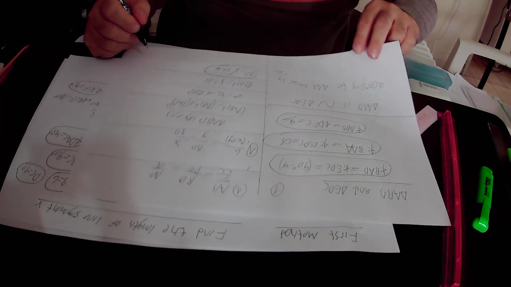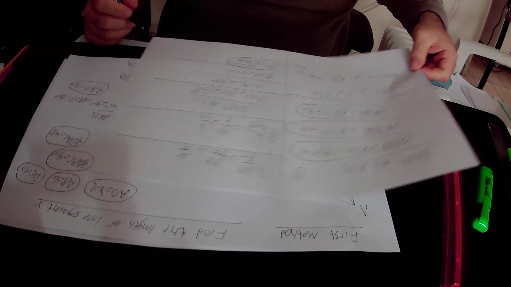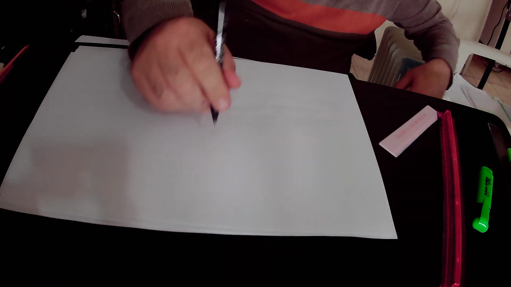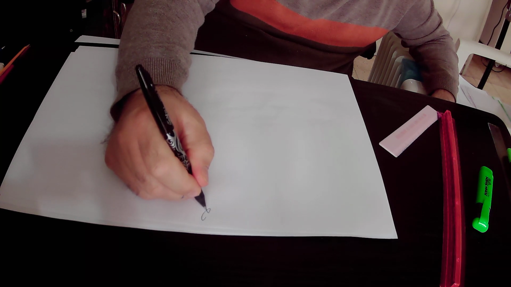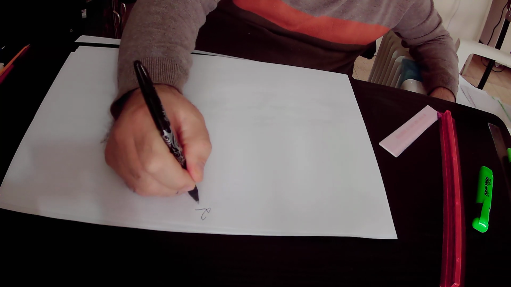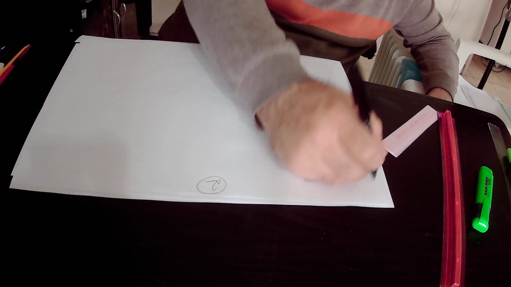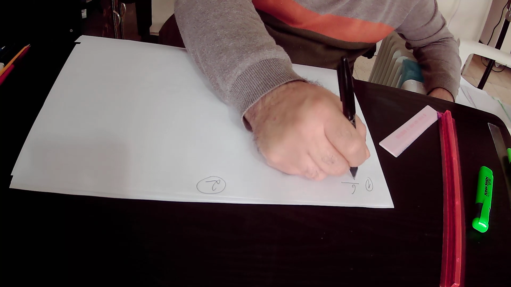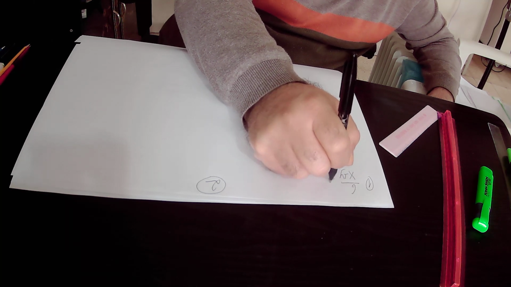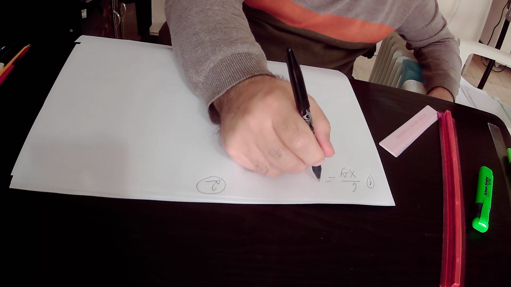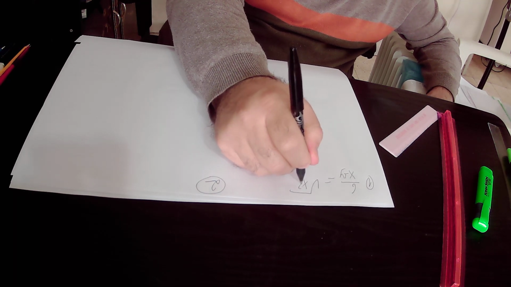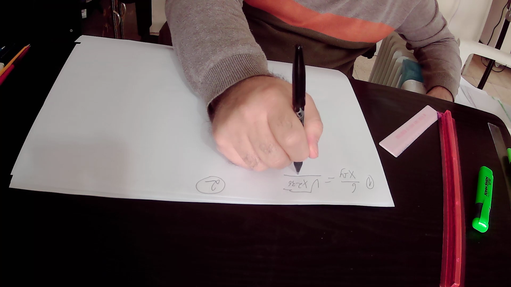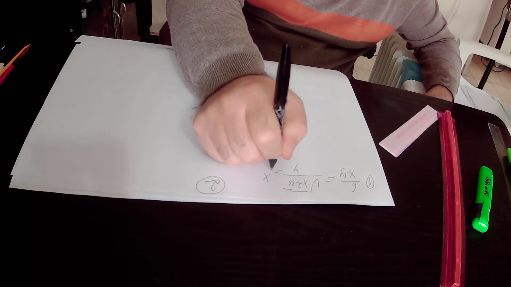We get that according to equation number 1, 6 over x plus y is equal to the square root of x squared minus 36 over y, and it is equal to x over 10.